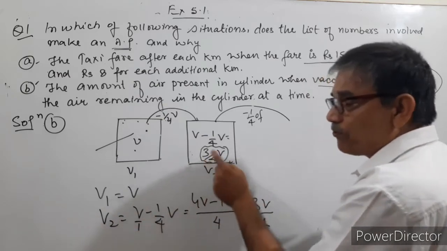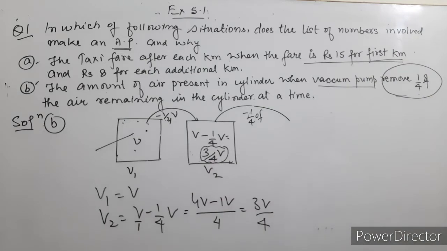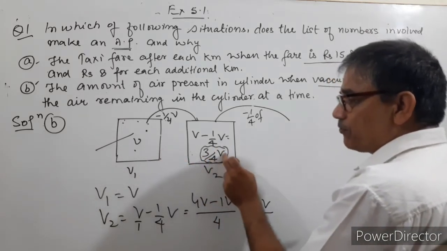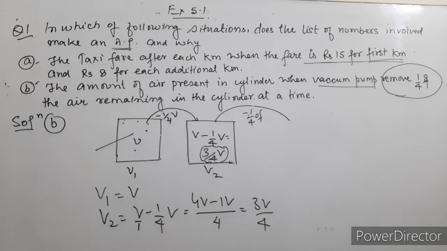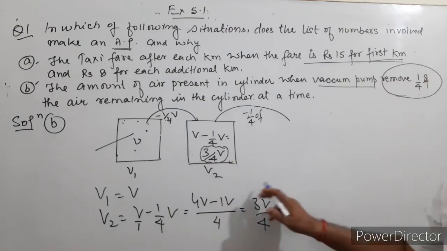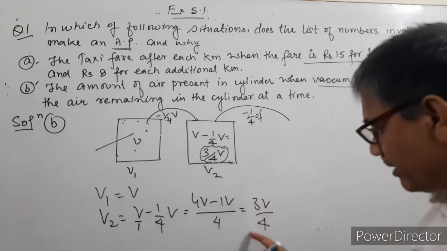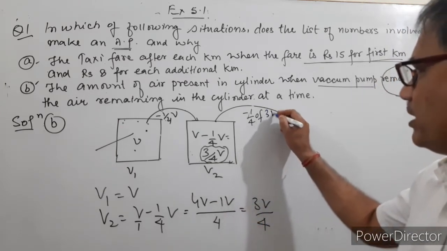V2 is the volume of air inside the cylinder after removing 1/4. Here is 3/4V, and then what is left? 3V upon 4. It means 3 upon 4V is taken out of the remaining. What is remaining? 3V upon 4.